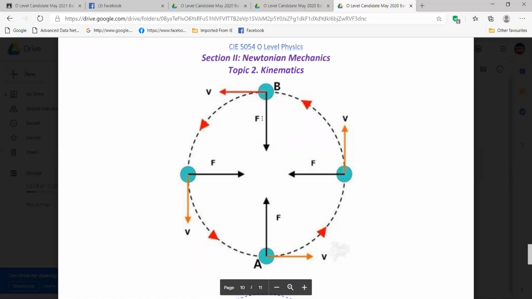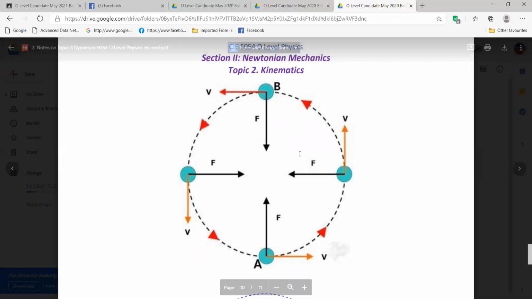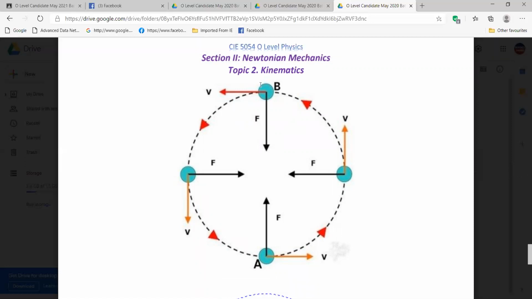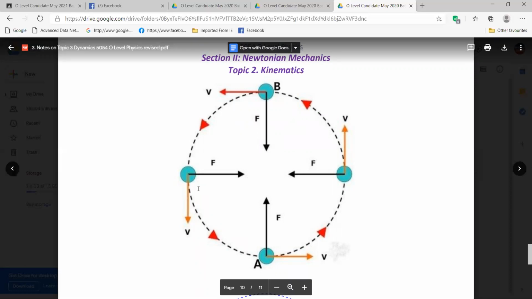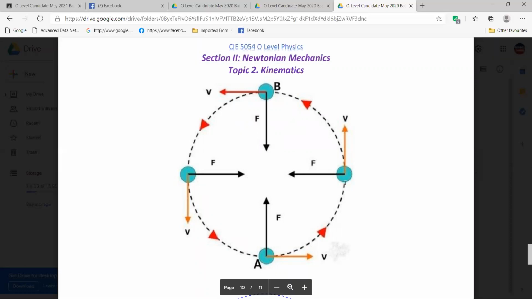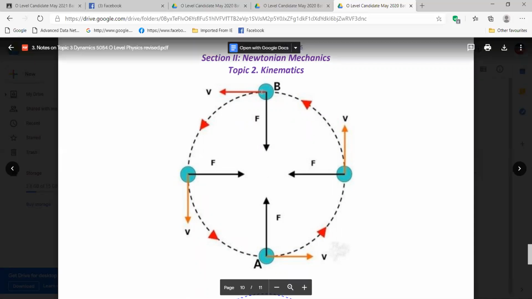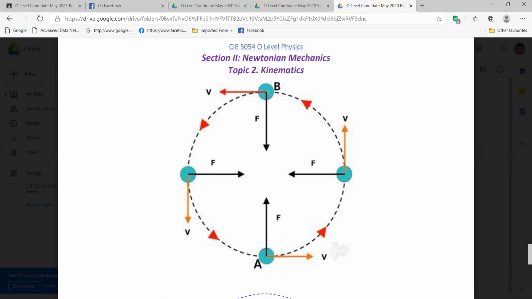Now, because of this circular motion, there is one force working towards the center of the circle. At every moment, at your finger, the point of contact with the string, you will feel a force working towards it. That is the action and reaction force.